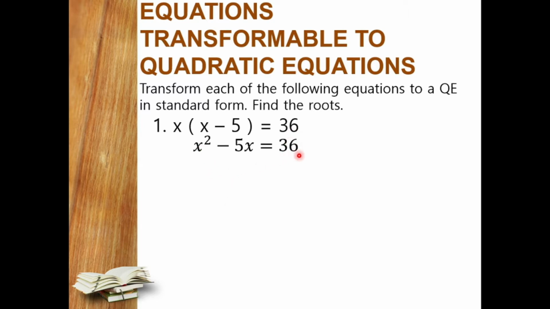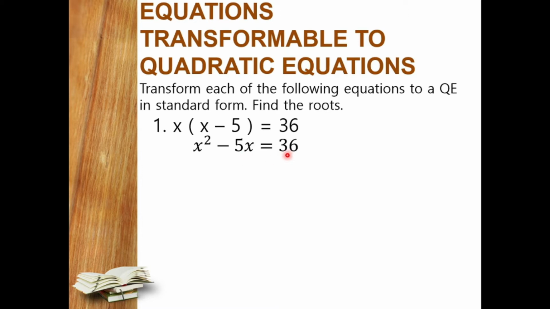So we just copy down 36. Then after that, we need to write this into standard form. And what is the standard form of a quadratic equation? You have ax squared plus bx plus c is equal to 0. So we need to transpose 36 to the other side. Once we transpose, we change the sign.